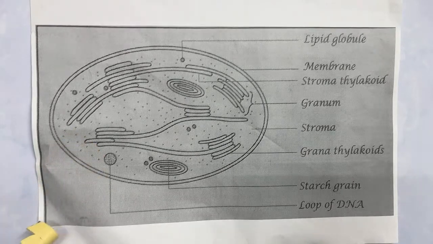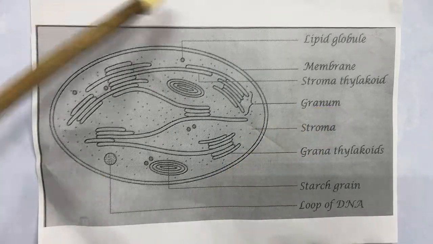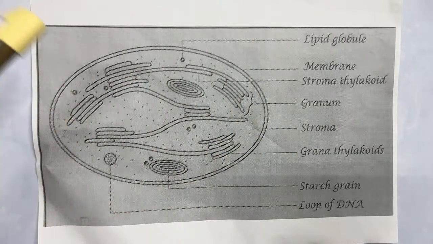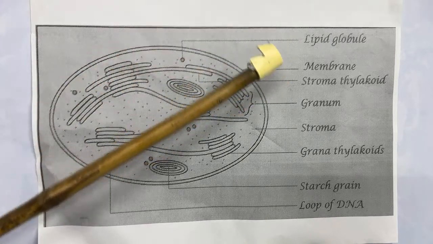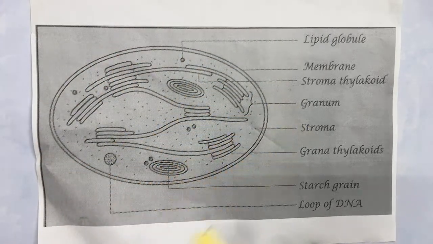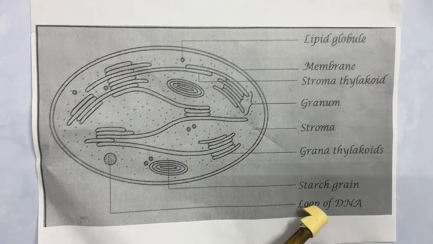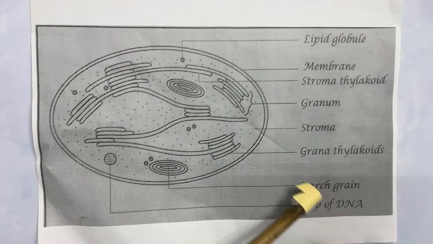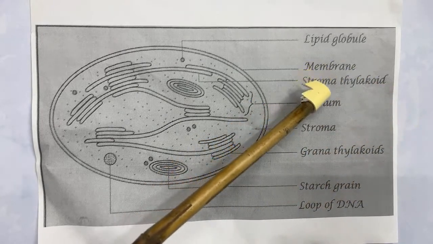Now I'm going to explain the differences between light reaction and dark reaction. Here you can see the granum. This is the structure of the chloroplast. We have different parts here. Granum and stroma are important in this case. There is also DNA, where gene transcription takes place, starch grains, thylakoid membranes, and lipid proteins.